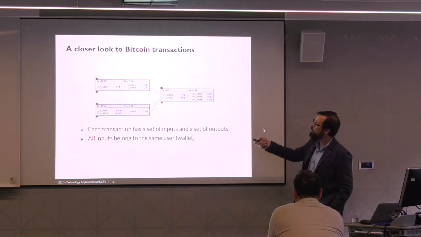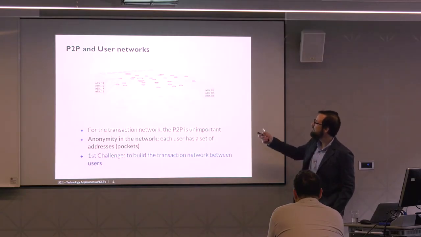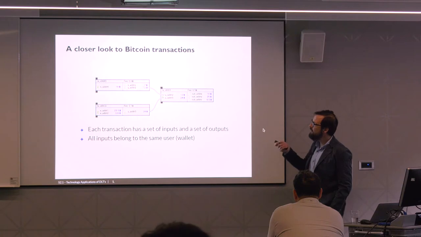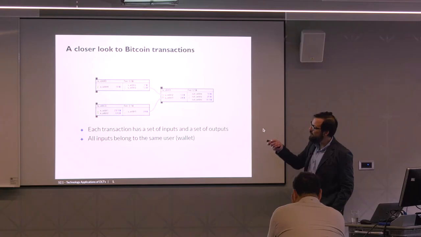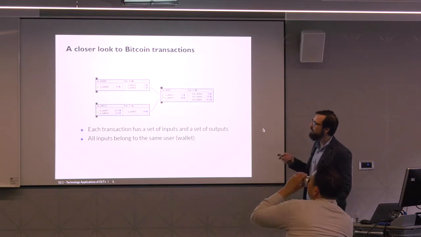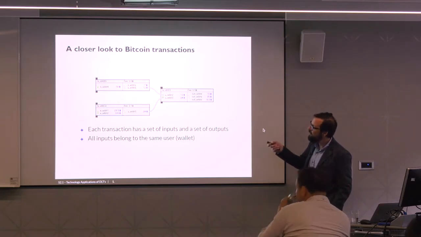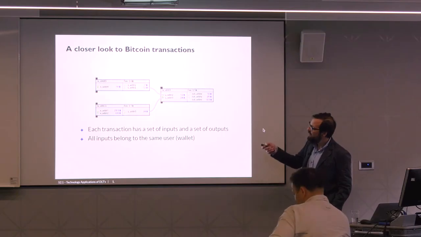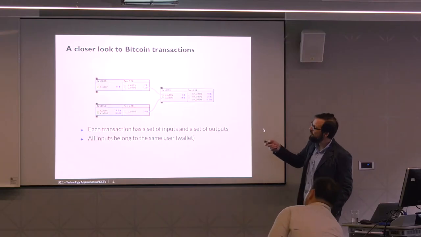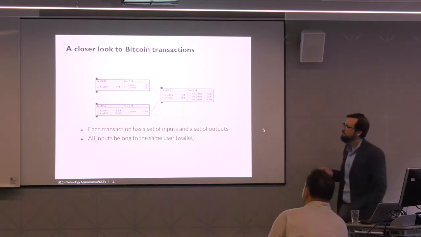In order to create this transaction, a user must sign with the private key of this address in order to have the right to spend these 12 Bitcoins, and at the same time it must sign with the private key of this address to show that he has the right to spend the 24 Bitcoins.